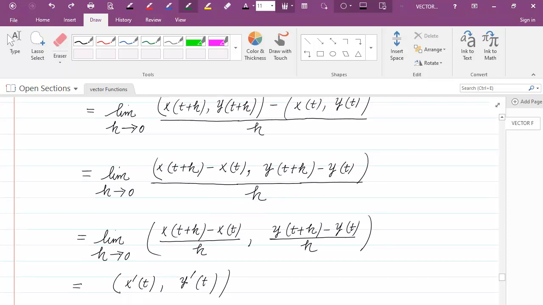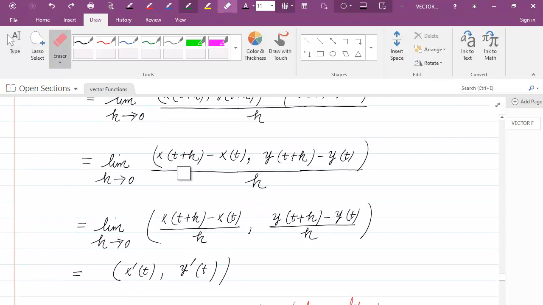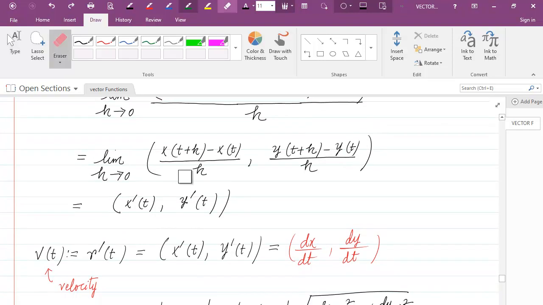That's the same as x of t plus h minus x of t over h comma y of t plus h minus y of t over h. So we are taking the limit of this fraction and the limit of this fraction, but the limit of the first fraction is exactly the derivative of the scalar function x at t, and the limit of the second is the derivative of y at t.